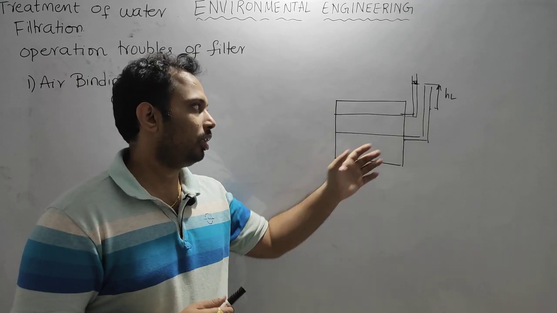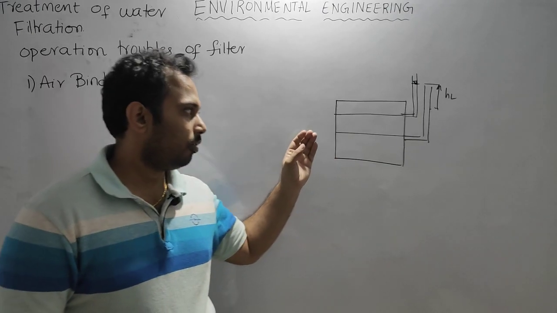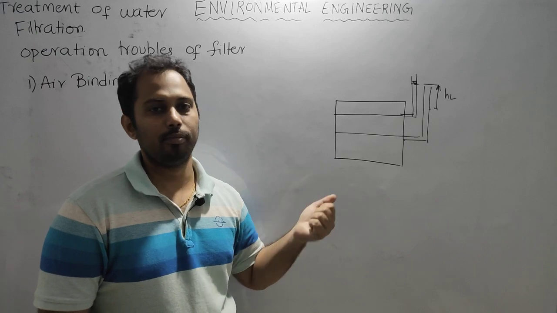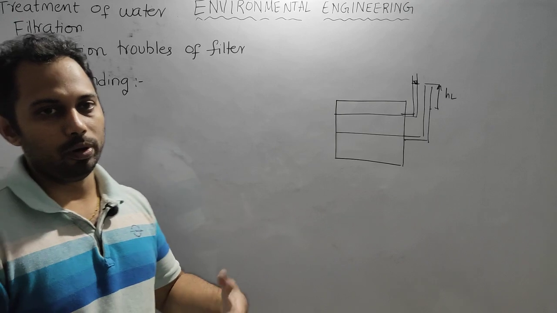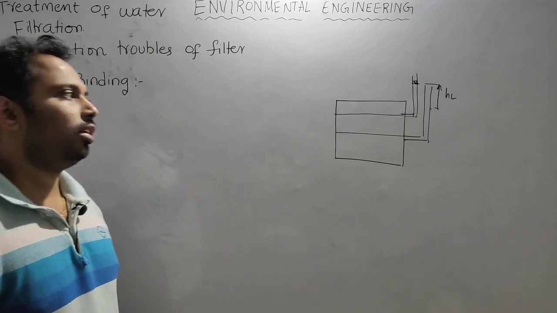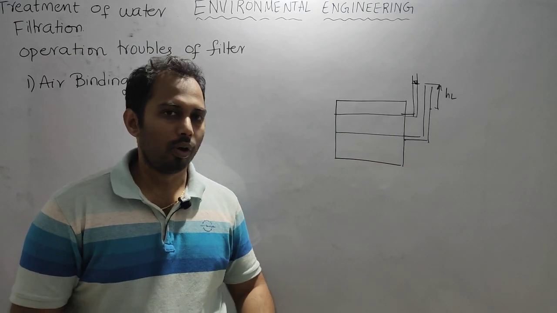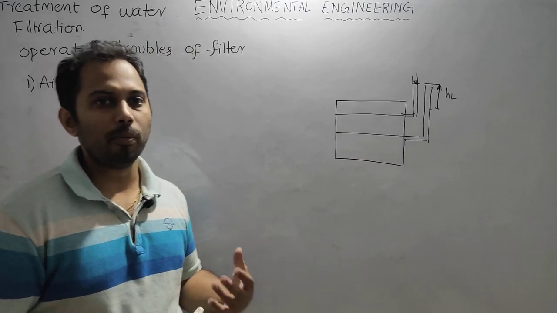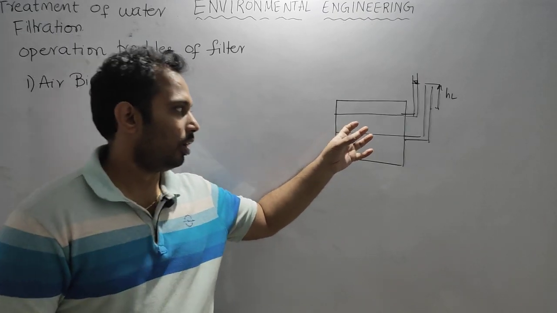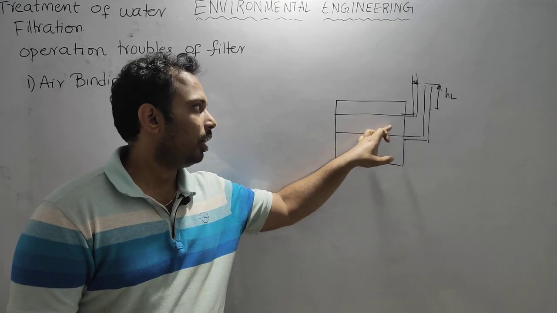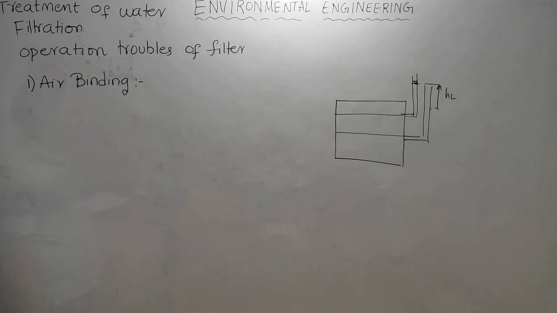During this negative pressure, whatever dissolved gases are present inside the water at the bottom layer will get evolved, because they have less vapor pressure than the pressure existing outside. So all these dissolved gases will come out of the water and the air will occupy the void spaces inside the porous media, the filter media.